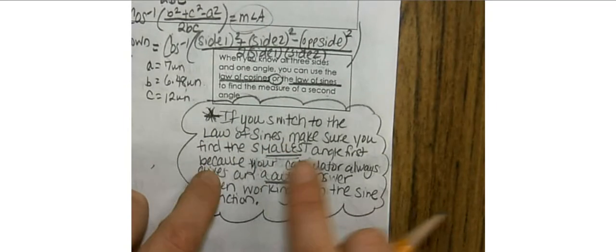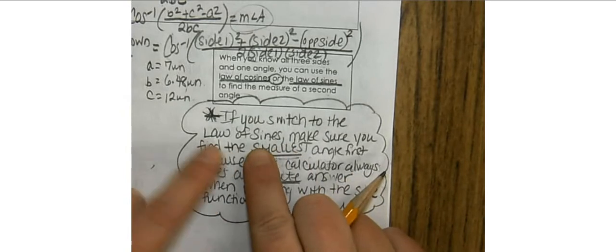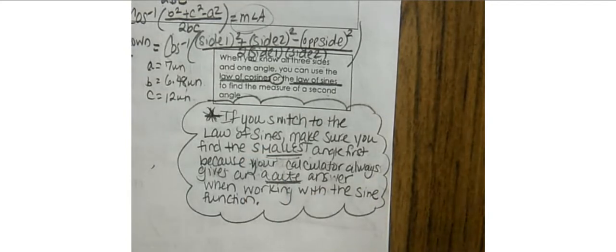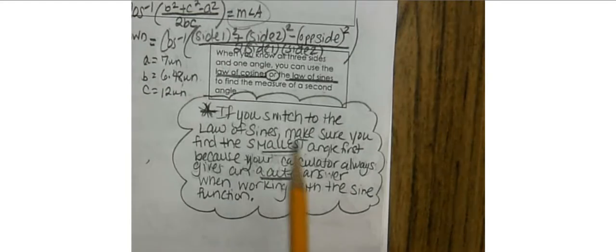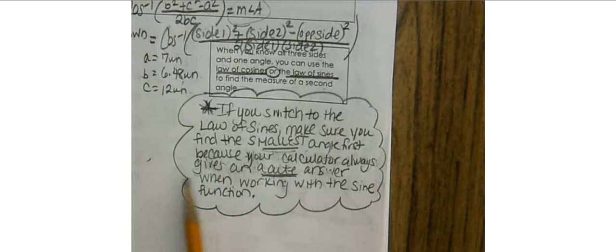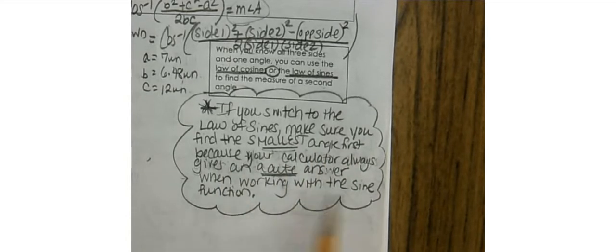Please note that if you use the law of cosines to find your missing side, and now you want to use the law of sines in order to find your missing angles, that's fine. It can technically be shorter if that's the way that you view it. But you have to make sure that you find the smallest angle first, because your calculator always gives an acute answer when working with the sine function.